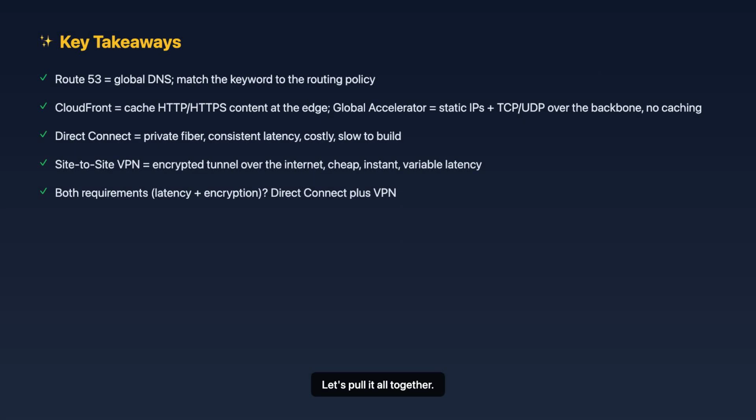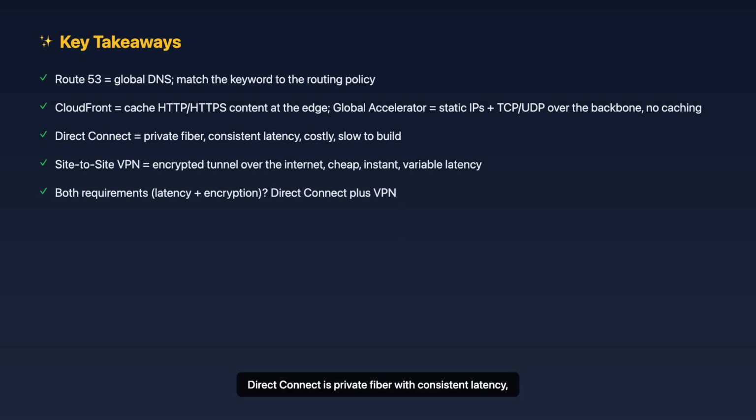Let's pull it all together. Route 53 is Global DNS. Match the scenario keyword to the routing policy, whether that's weighted, latency, failover, or geolocation. CloudFront caches HTTP and HTTPS content at the edge, while Global Accelerator gives you static IPs and accelerates TCP and UDP over the backbone with no caching.